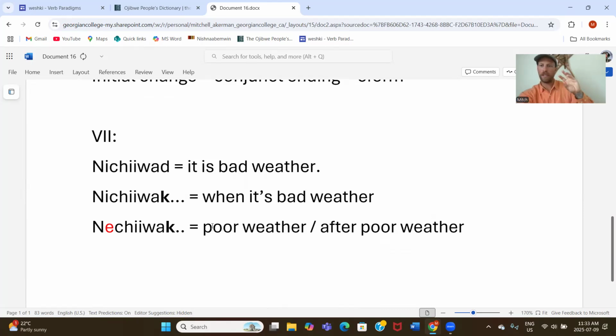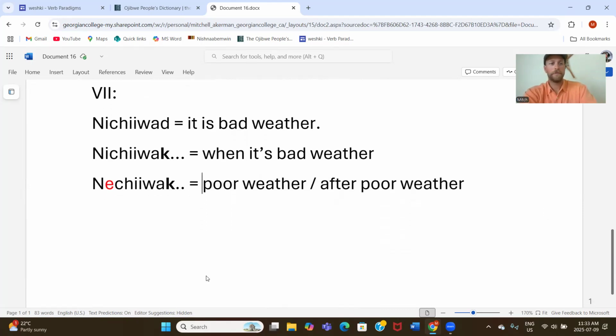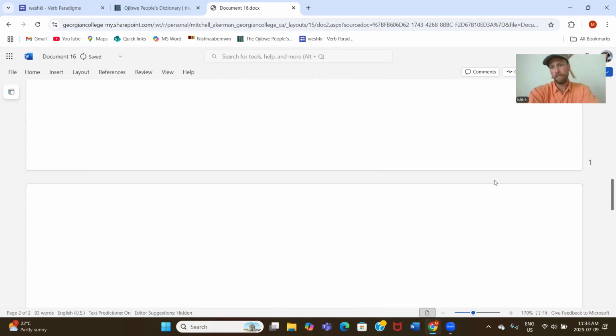If you put stuff in C form, depending on the context, it can mean after. That's one of the things C form does. So this one's a little bit weird to interpret with no context, but that's roughly what you'd get. It'd be the poor weather itself, viewing it kind of like a noun, or something like after. Okay. So there it is. Nichiwad, A form. Nichiwak, B form. Nechiwak, C form.